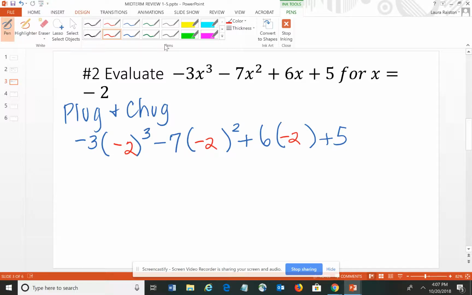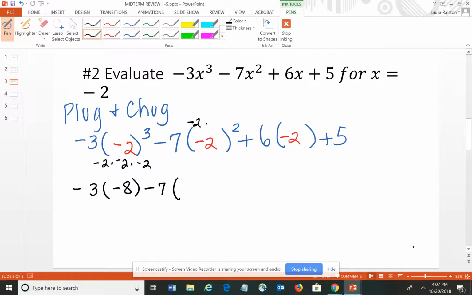If we work it out by hand, I would have negative 2 cubed is literally negative 2 times negative 2 times negative 2, which would actually be negative 8. So I have negative 3 times negative 8 minus 7 times negative 2 squared.